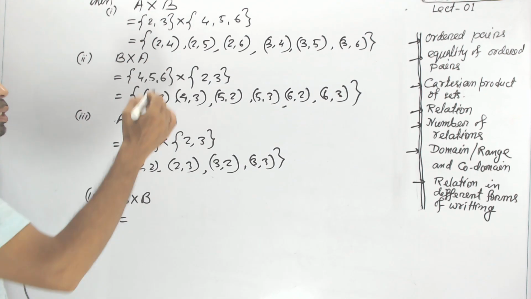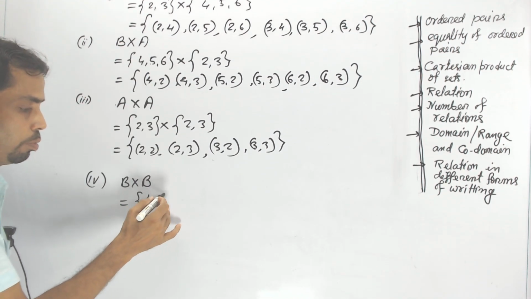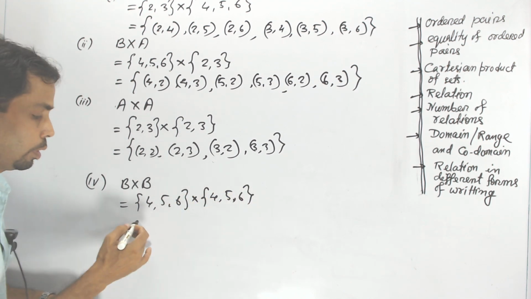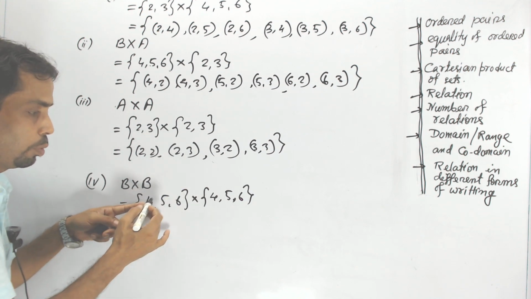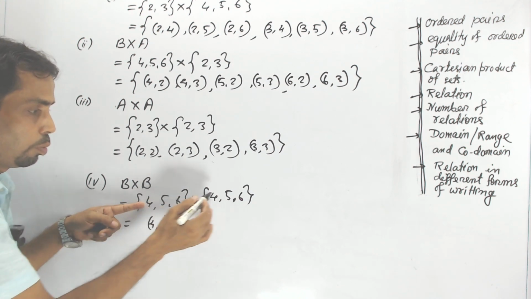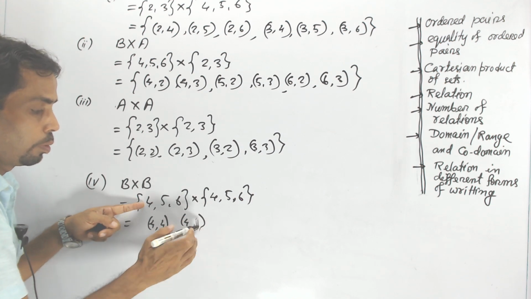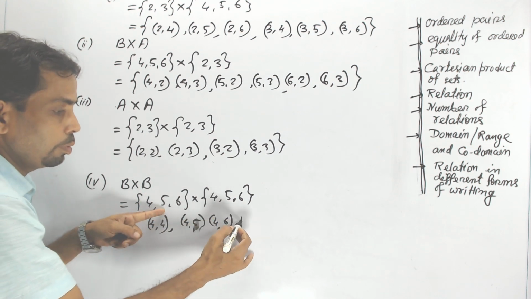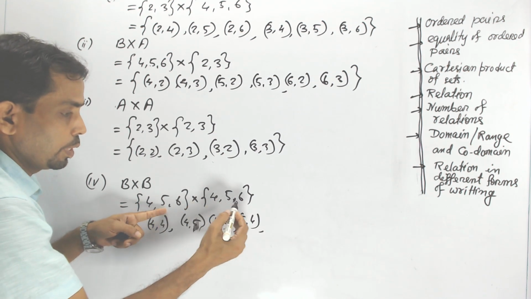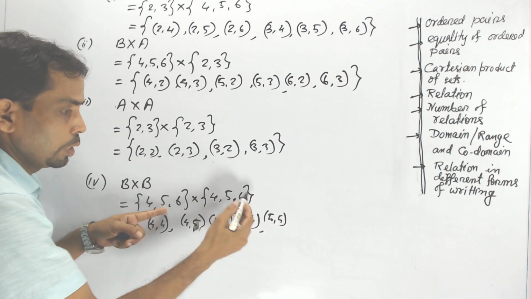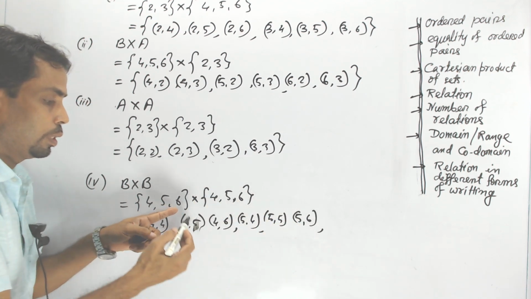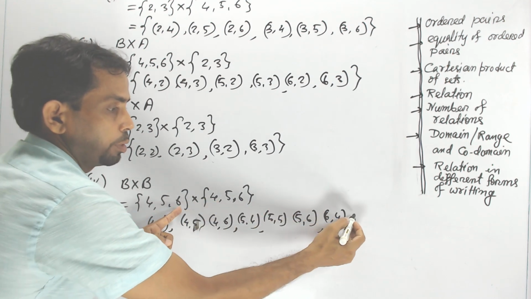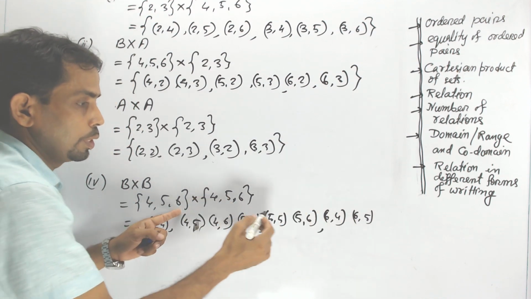Then again B × B. B is {4, 5, 6}, times again B itself {4, 5, 6}. So all the ordered pairs from the first set to the second set: (4, 4) making the first pair, (4, 5), then 4 with 6, then with 5: 5 4, 5 5, 5 with the next element 6, then with 6 all the pairs again: 6 4, 6 with the next element 5, next pair 6 with the next element 6.